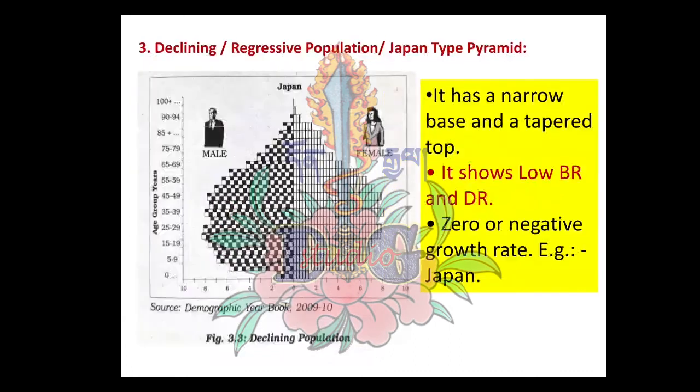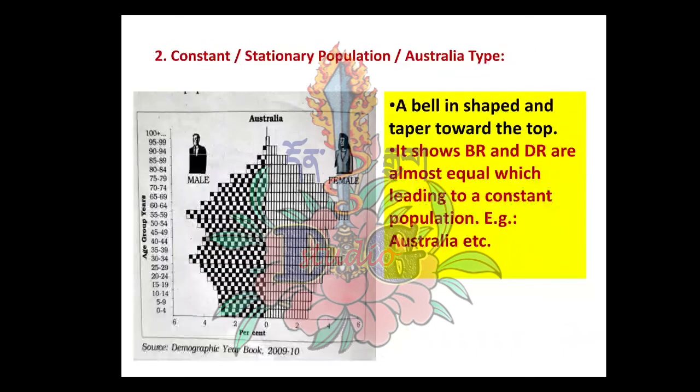Then the third one is the declining type of population pyramid, like that of Japan. As compared to the first and second, we will see lots of differences.